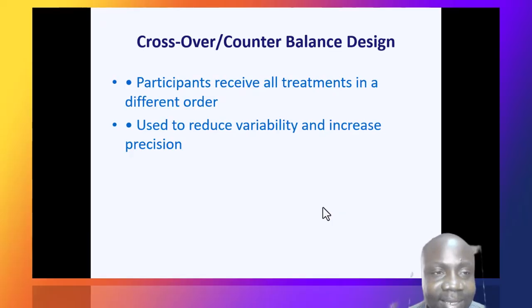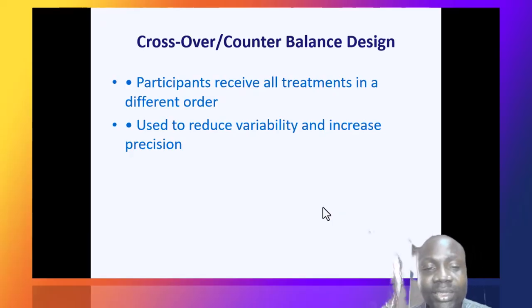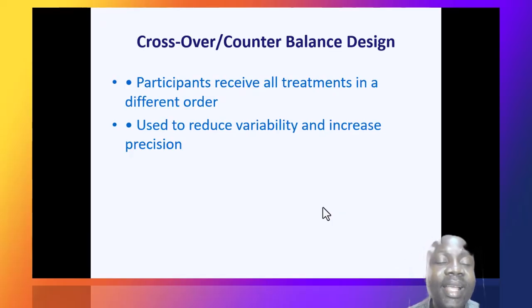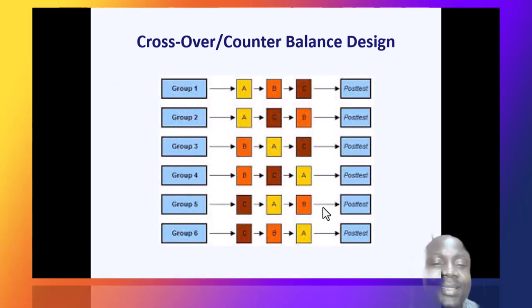But this type of research, which is used to reduce variability and increase precision, gives every group all the treatments. Let's say we have three treatments: cooperative teaching, project learning, and experiential learning (A, B, C).